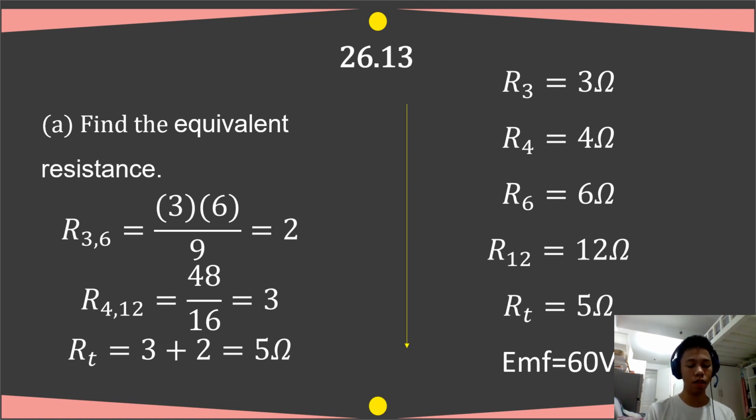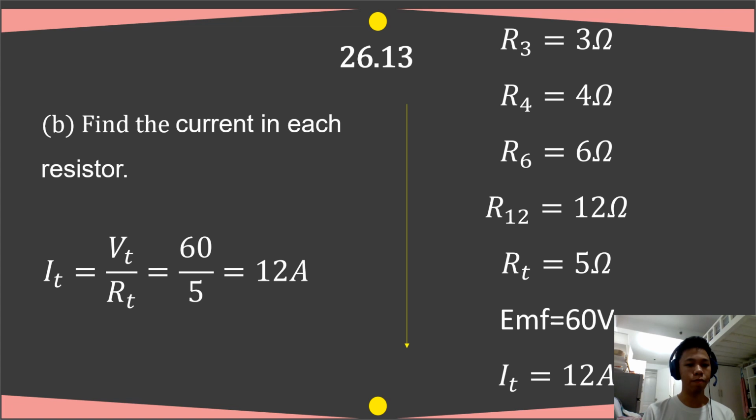For the other pair, which is also connected in parallel, you do the same thing. After you get the resistance of the two pairs, since they are connected in series, you just add them up, and you're going to get 5 ohms.